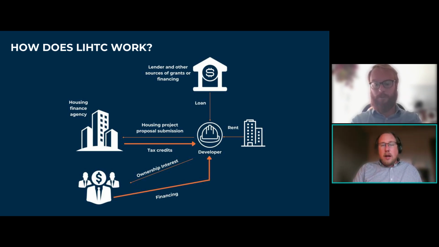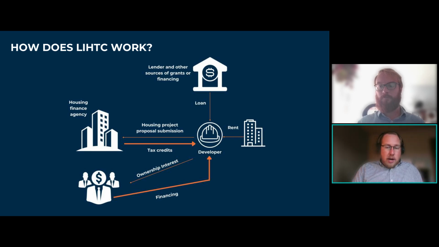Federally, this is the office known as HUD, Housing Urban Development Office, and they are the federal program manager for LIHTC credits. They disperse funding to state allocation agencies. So based on where the project is, those state allocation agencies will receive the proposal submission from the developer, and they will award the tax credits back based on which projects they want to move forward with.